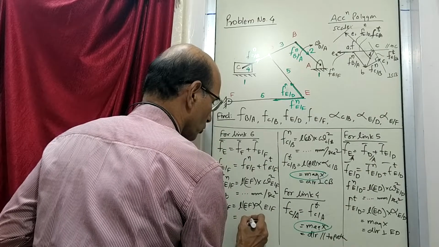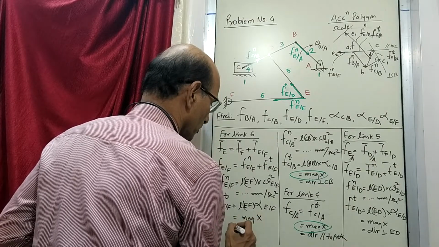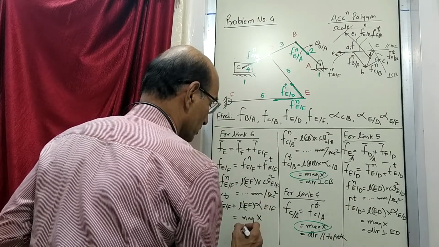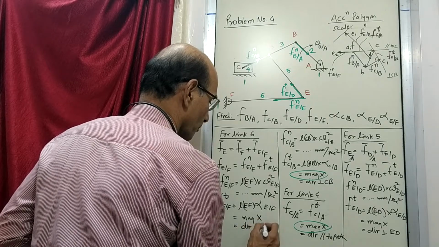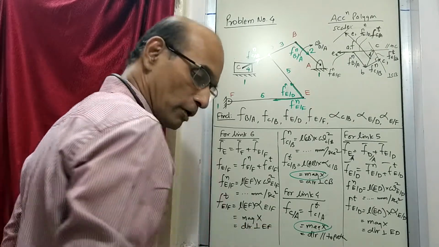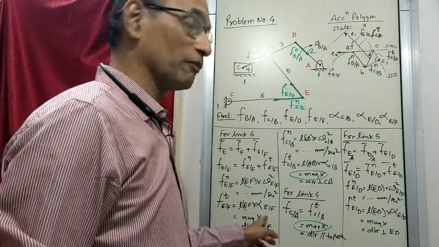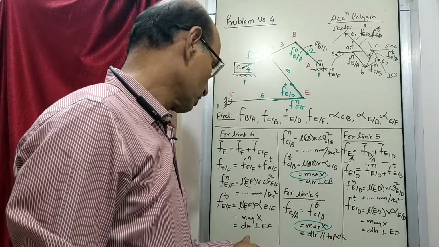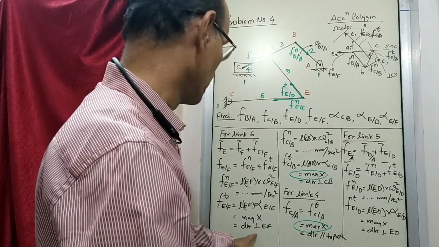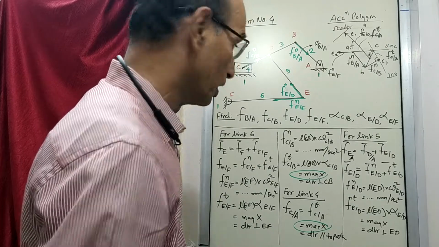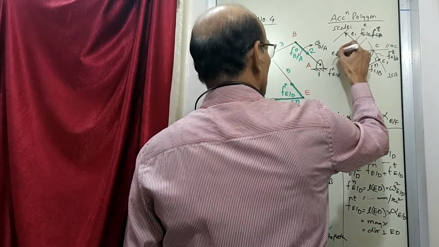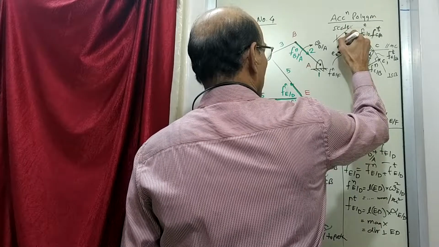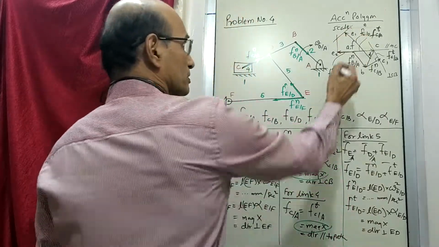So you will not be able to find the magnitude right now by analytical method. We don't have the magnitude, you cannot calculate because alpha is not known. But then the direction we know, it is perpendicular to EF. So here we draw a line perpendicular like this.